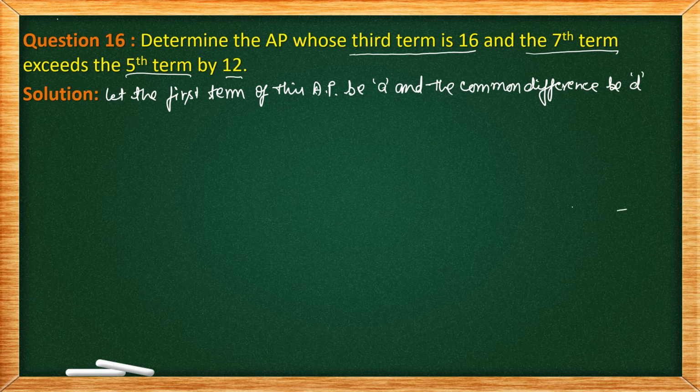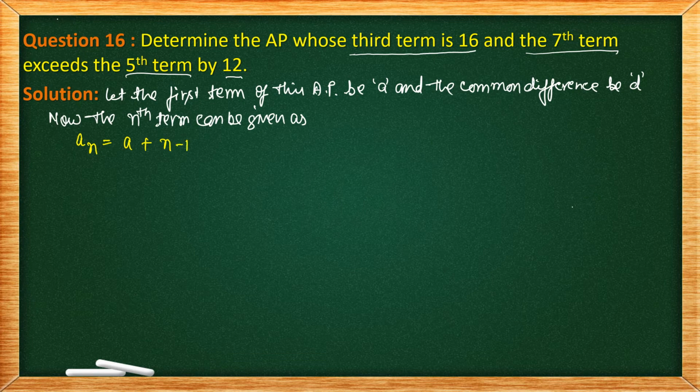Now the nth term can be given as an is equal to a plus n minus 1 into d.